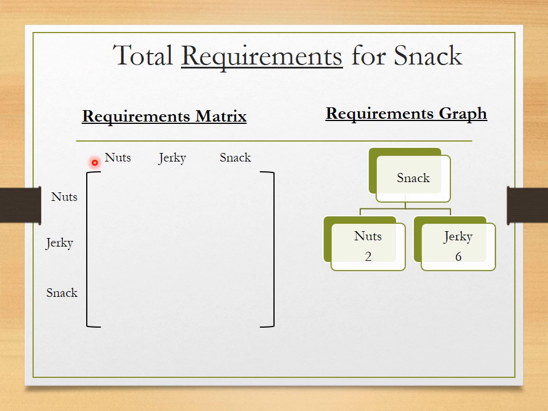So the first column is nuts, the second column is jerky, and the third column is our snack. We want to list those same items down in front of each of our rows. So the first row is nuts, the second row is jerky, and the third row is snacks. So let's start filling it in based on our requirements graph.